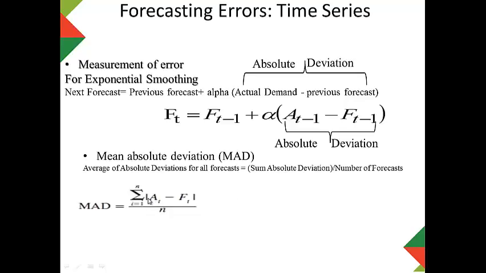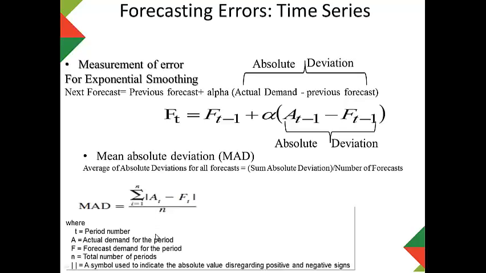Whenever we write this sign around any term, it tells us that it's an absolute calculation, so we won't take into account whatever sign comes out of the calculation, and we'll be dividing it by the total number of deviations. That will give us the mean absolute deviation. So let's go further and do an example that will make everything very clear.